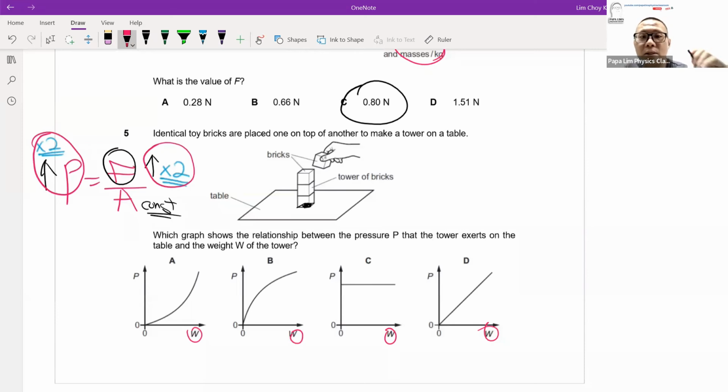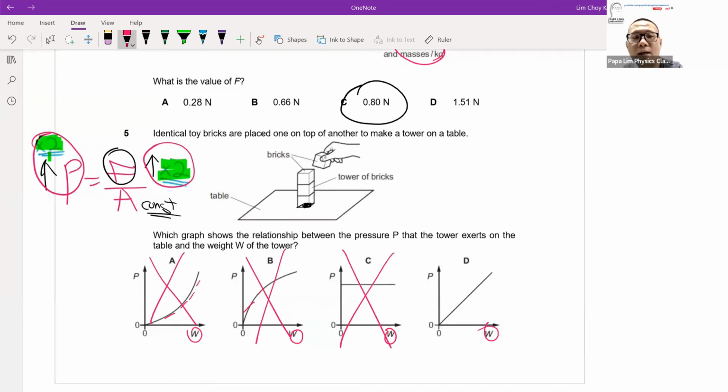So there will be an increment, which automatically means C will not be the answer. Pressure has to increase as weight increases. And because the weight increase and the pressure increase are always by the same value, it will definitely not be A and B, because in A and B the pressure increases at different rates.